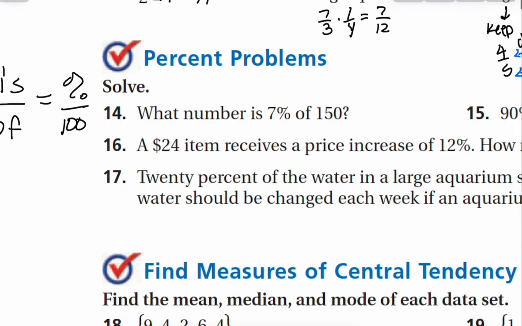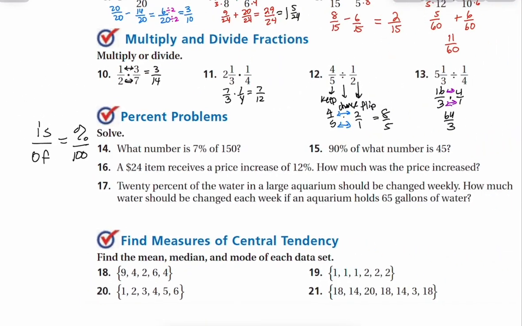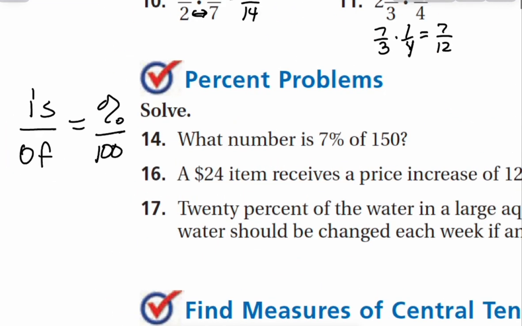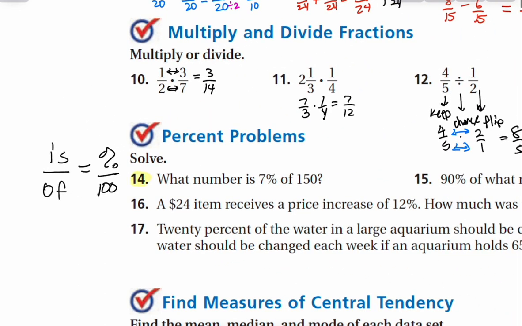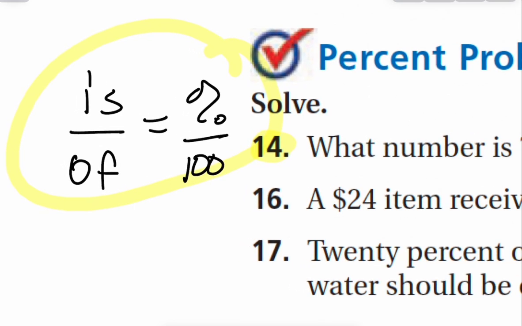I want you to try 14 and 15, please. Try 14 and 15 at this time using our is over of equals percent over 100. So if you guys could please try 14 and 15. Try is over of equals percent over 100. Try those two. I will show you, you know how that goes. But I want you to try 14 and 15, please.